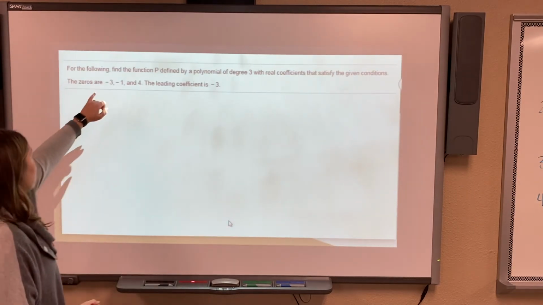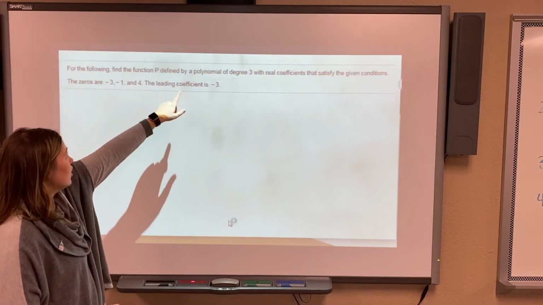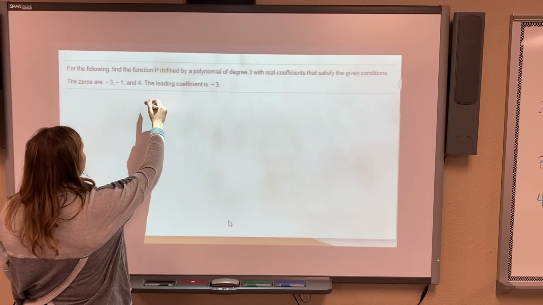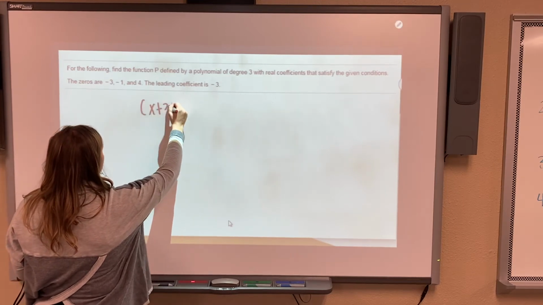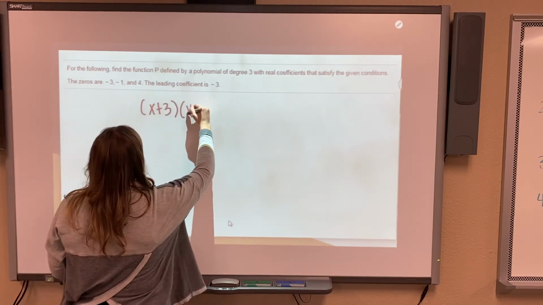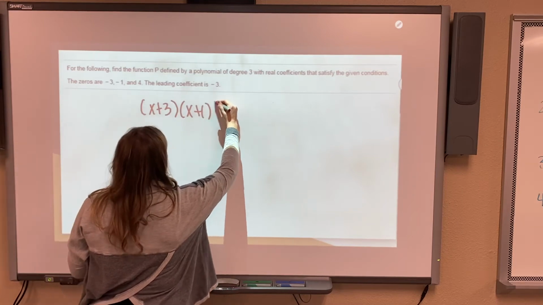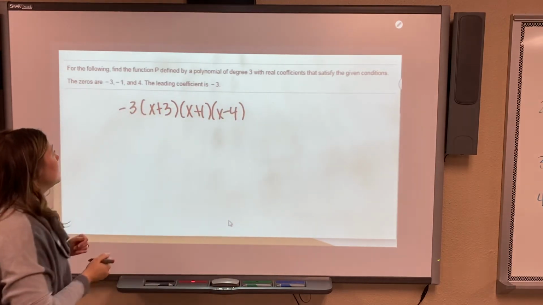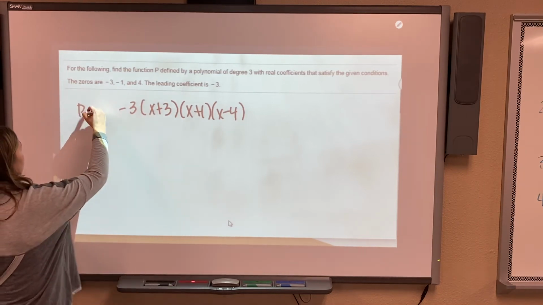The zeros are -3, -1, and 4, and the leading coefficient is -3. So for the zero -3, x plus 3 is a factor. For -1, x plus 1 is a factor, and then x minus 4 is a factor, with a leading coefficient of -3. And so that's p of x.